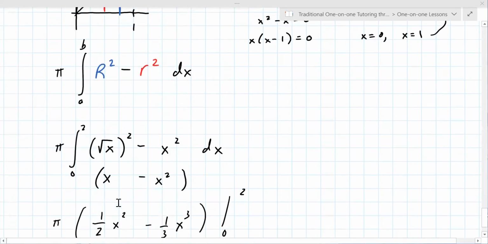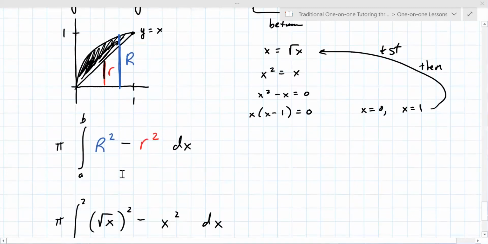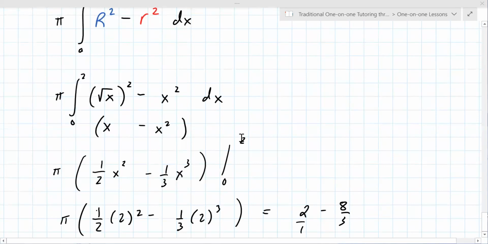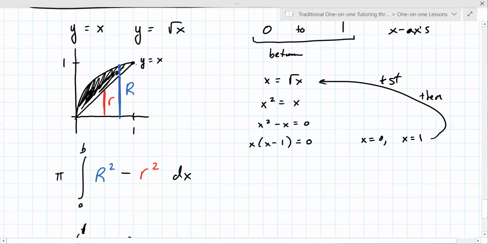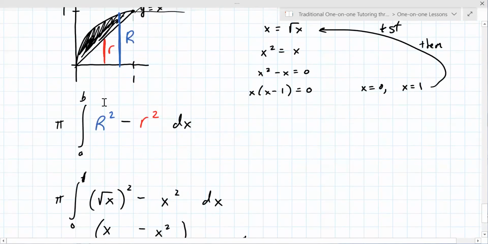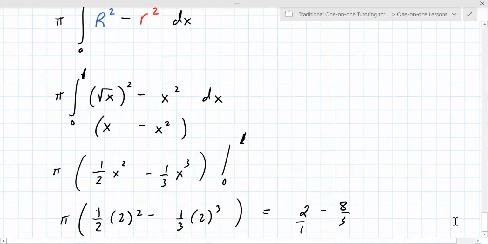But wait, why is it 0 to 2? Oh, that's why it's 0 to 1. Okay, that is the reason why this didn't work. The reason is that it flips, and then there are negative areas. What was the purpose of finding the zeros? To give you the bounds of the integral.